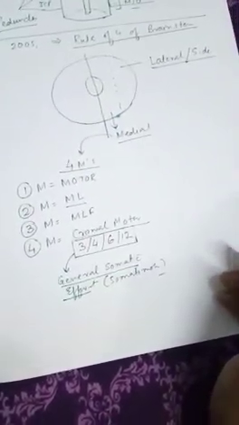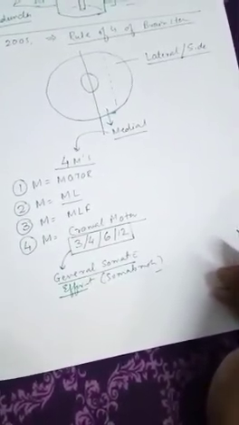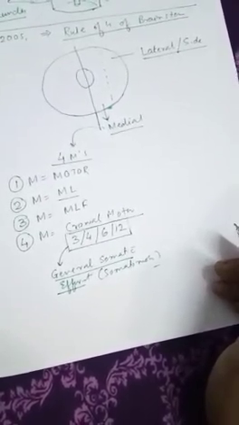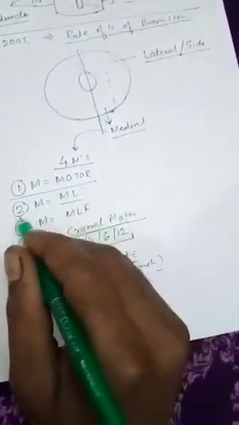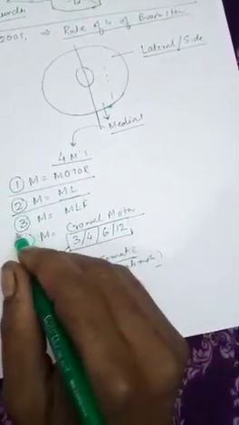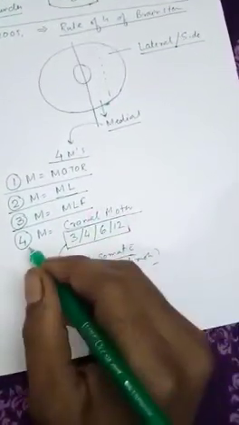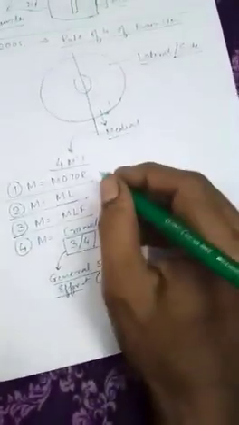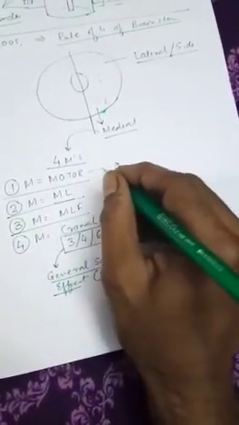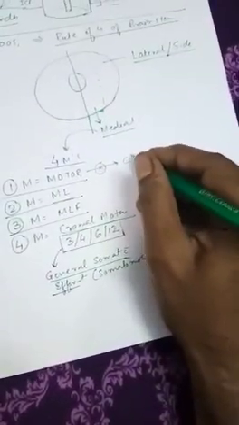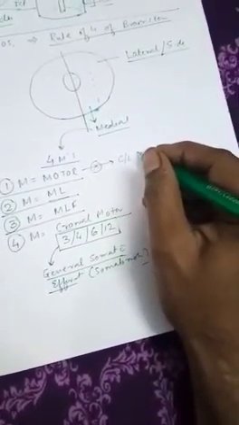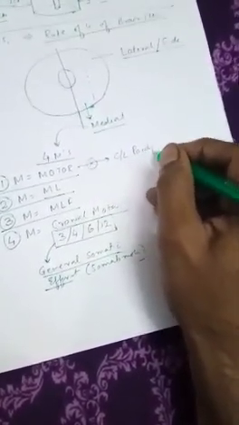So in the medial part of any brainstem, whether it is medulla or pons or midbrain, you have these 4 M structures: M for motor, M for medial lemniscus, M for medial longitudinal fasciculus, and M for cranial motor nuclei. If motor is damaged, then you have contralateral hemiparesis, contralateral paralysis.